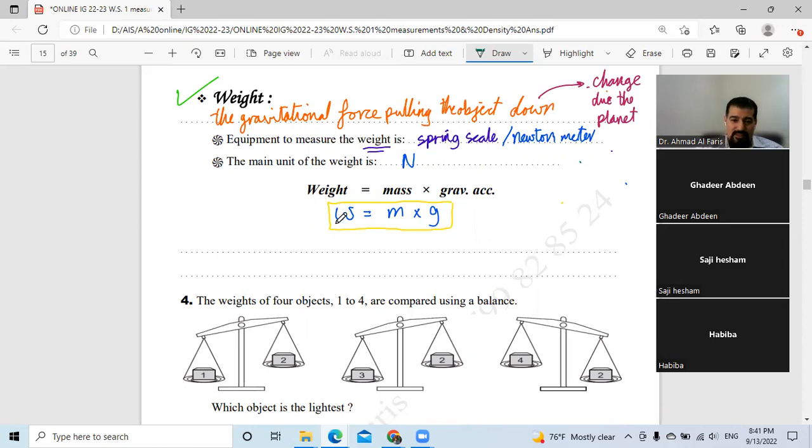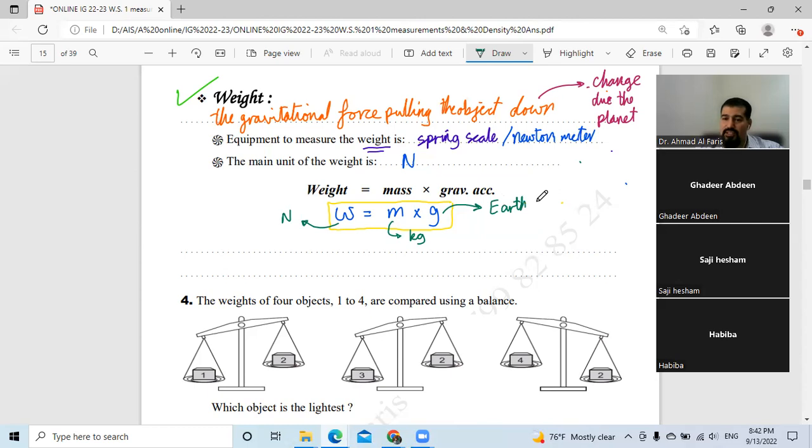So the weight here is the force in Newtons, and the mass is supposed to be in kilograms, and g is the gravitational acceleration or the gravitational field strength. On Earth, in some boards they put 10.